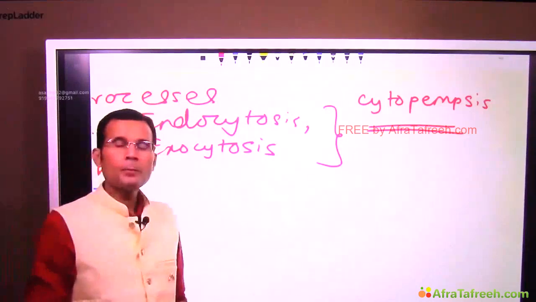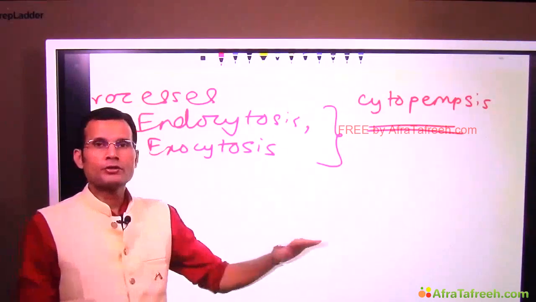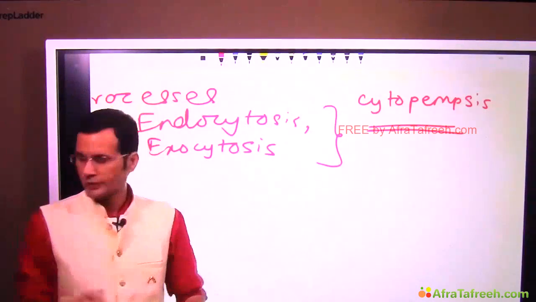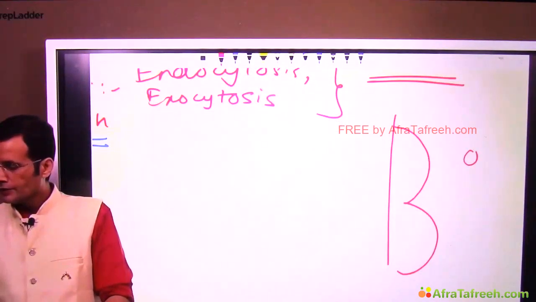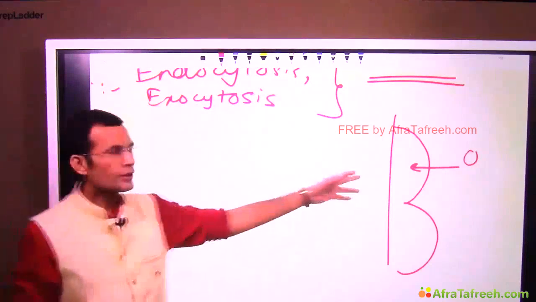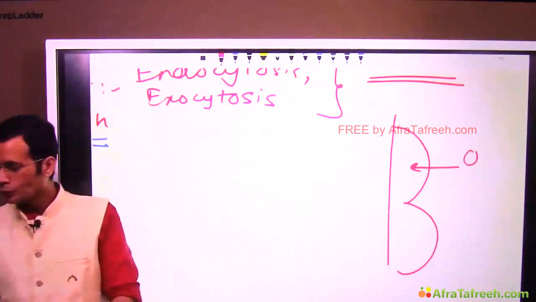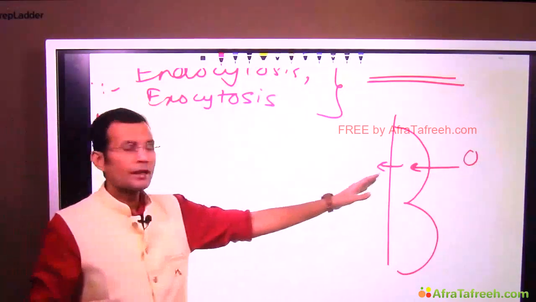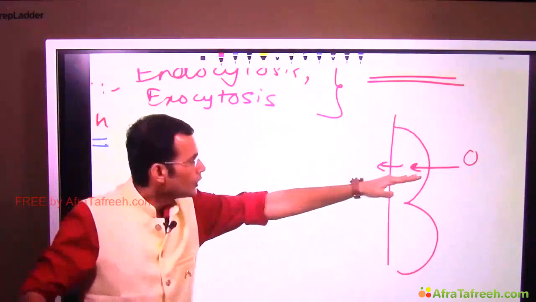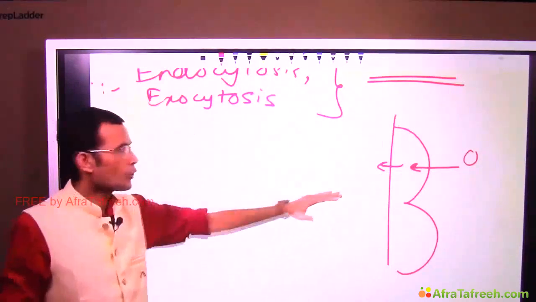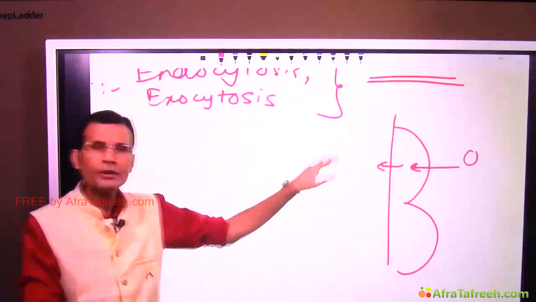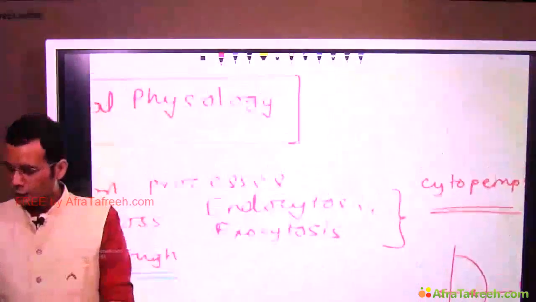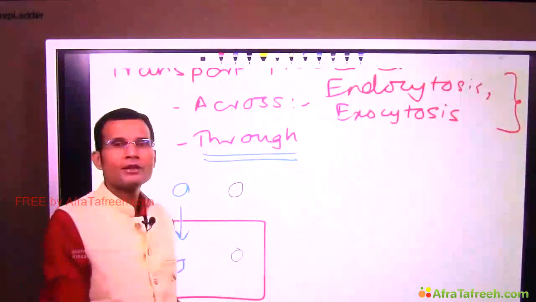It is said to be a part of transcytosis. That is, the substance is not only crossing one membrane, but also crosses the cell to the other side, through the cytoplasm. That's transcytosis. So, these are some of the nomenclatures which are used.